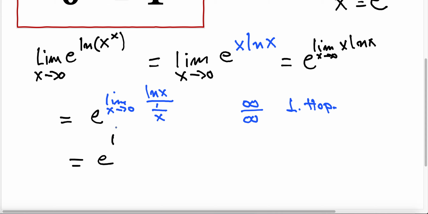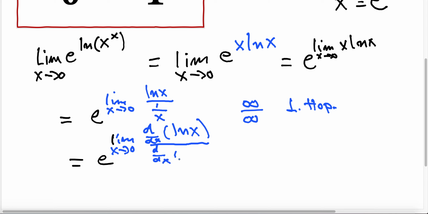I'm differentiating limit x goes to 0, this part here ln x, and same thing I'm going to do down, d over dx of 1 over x.